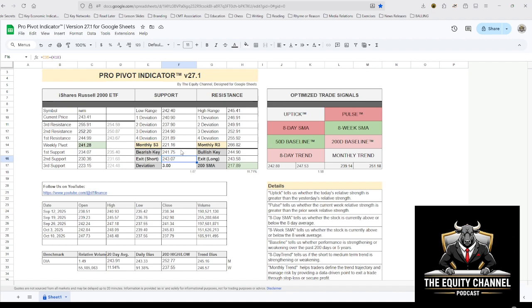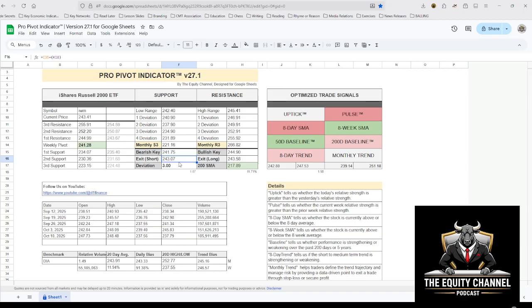If I hit a high right now, the only way I get out of that trade is if it pulls back to this level. And this level is based on the average range.